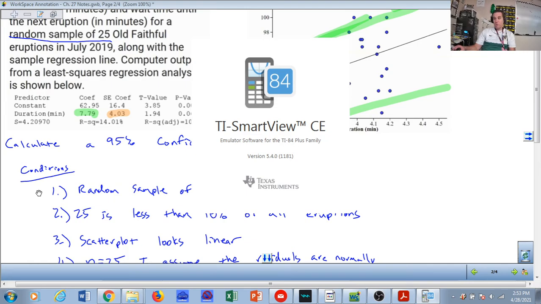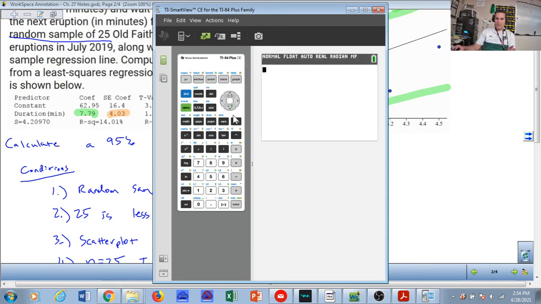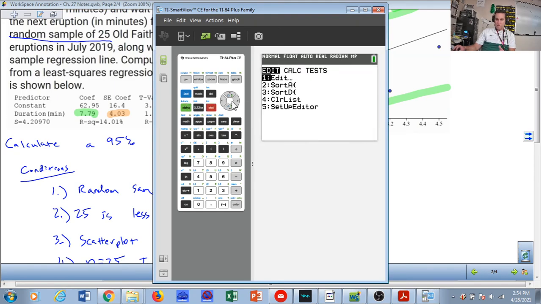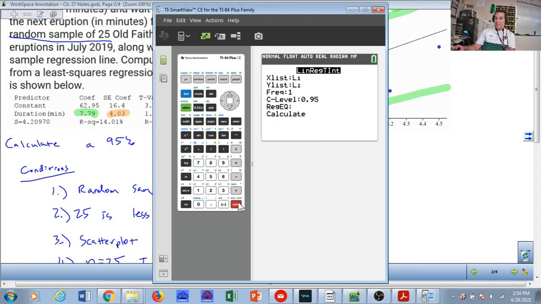But I'll show you that if you're given the data, like this is more real world. If you're in the real world and you do have an X and a Y data, and you've already put it in your calculator, okay? If you go to stat, test, very bottom, there's a linear regression t-test and a linear regression t-interval. What does it ask you for?